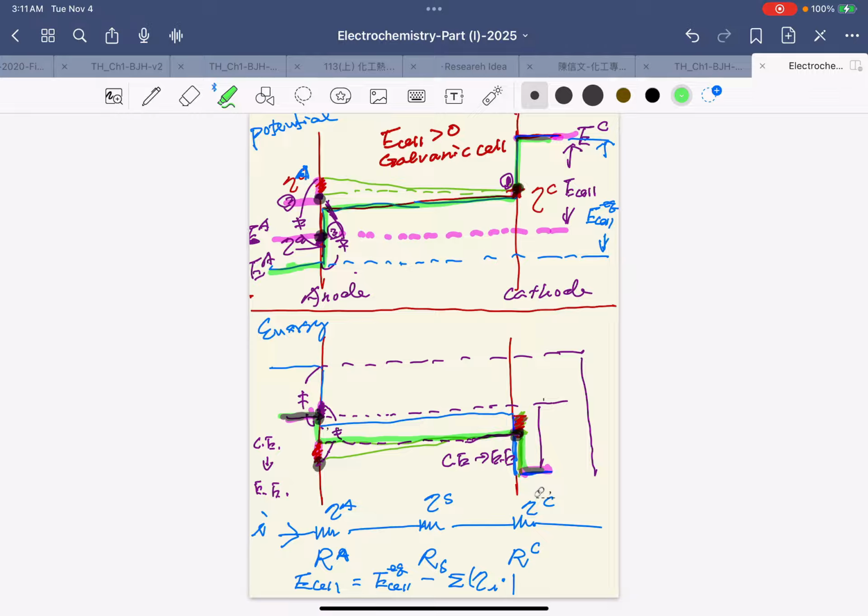Okay, remember, in this case we want to convert chemical energy to electric energy. So we are pumping up the electron energy. Thermodynamically, you can pump the electron energy to here. But once you have an electrochemical reaction, you have some loss. So in reality, you cannot pump the energy to here, because you need to consider loss.